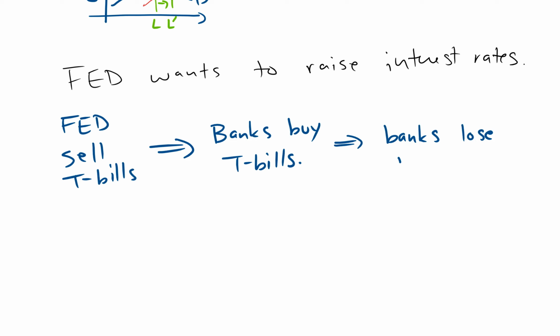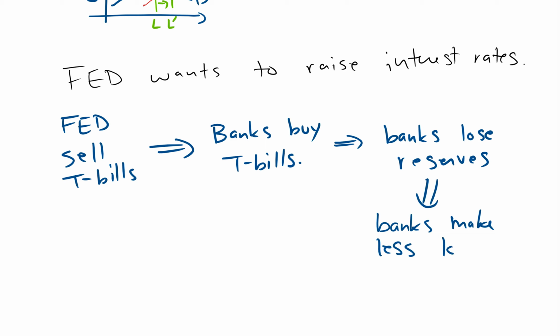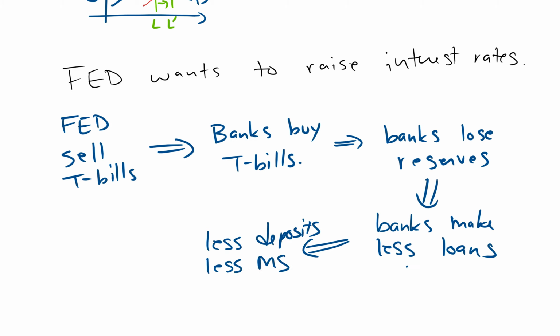So the banks lose reserves. And when they lose reserves, they must reduce their lending and make fewer loans. And fewer loans means fewer deposits, less money supply. And it also means we get less supply of loans. So we get a higher interest rate.